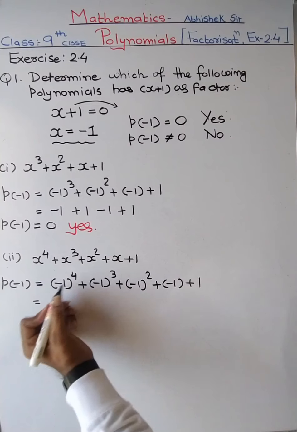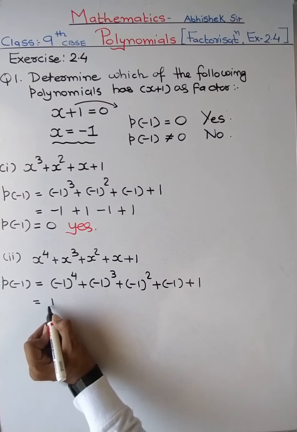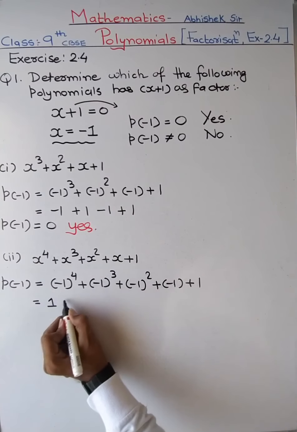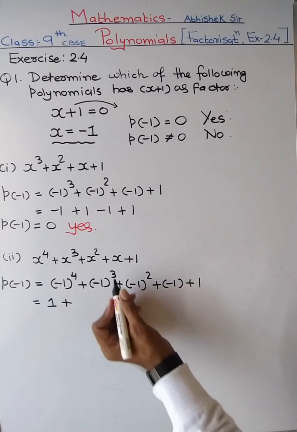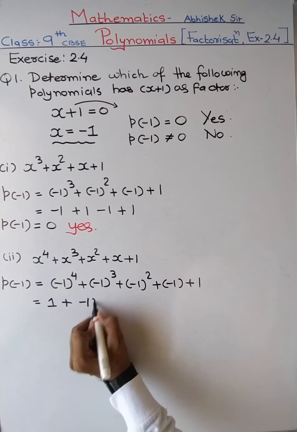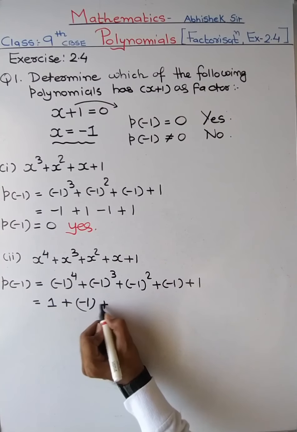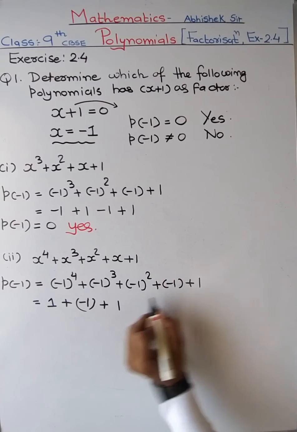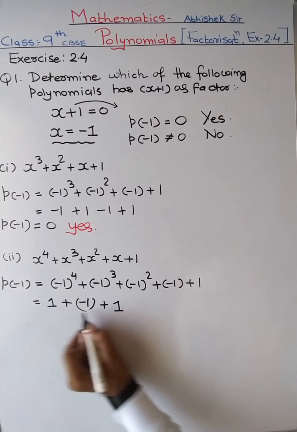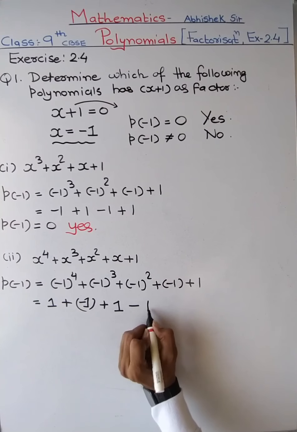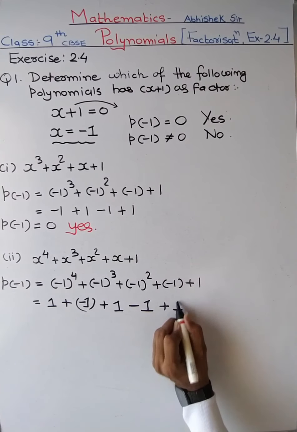So here we have minus 1 raised to even power, so that will be plus 1. Here we have minus 1 raised to odd power, so it is minus 1. Minus 1 raised to 2 is plus 1, plus minus 1, and finally plus 1.